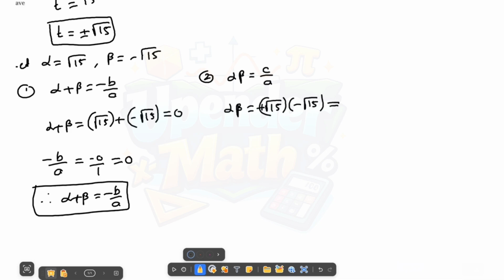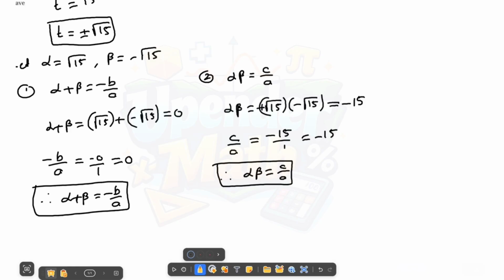Plus into minus is minus, root 15 into root 15 is 15, so minus 15. Now let's see c by a. We know that c is minus 15 and a is 1. Minus 15 by 1 is minus 15. So therefore we can say that alpha into beta is equals to c by a. Product of zeros is equals to c by a. So this is also verified. Hence verified.